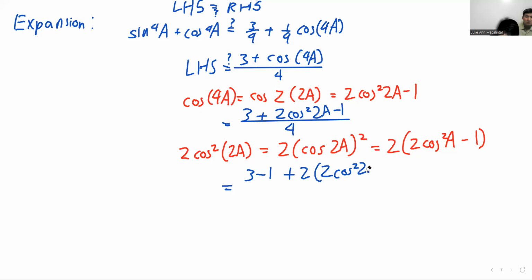Only a. Then all over 4. And then now it will be straightforward: 2, 3 minus 1, 2, and then this one will be... I forgot something.